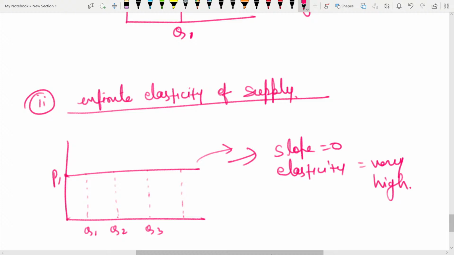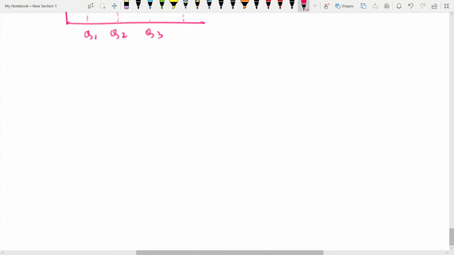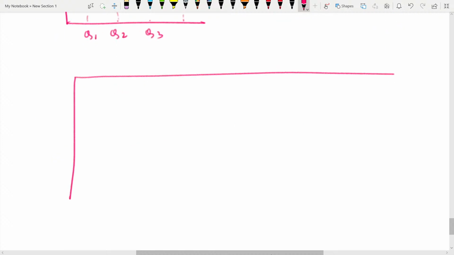Now the summary of what we have talked about: elasticity of supply is elastic, inelastic, and unitary elastic.